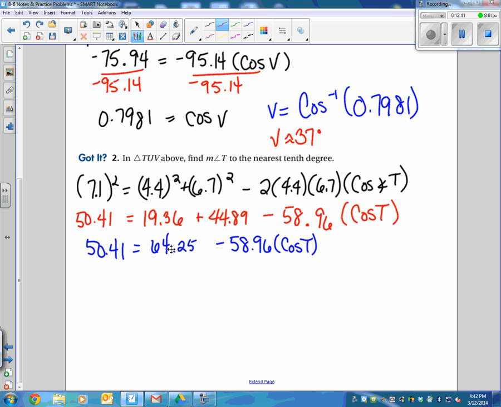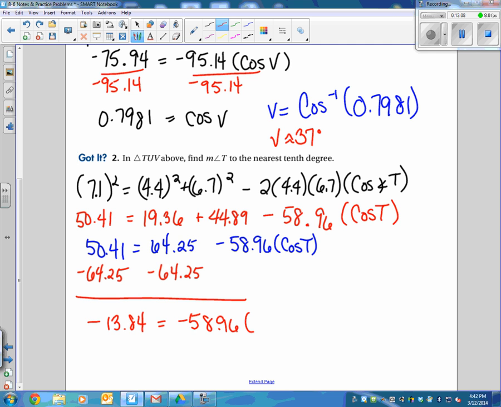Next step is going to be to subtract 64.25 from both sides. Okay, and if we say 50.41 minus 64.25, we will get negative 13.84 equals negative 58.96 times the cosine of t.